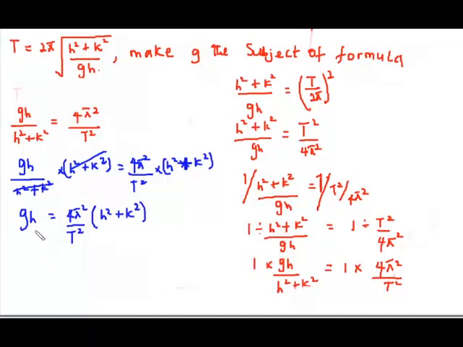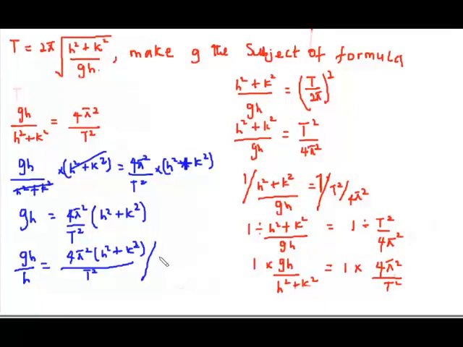Okay, so you have g and h multiplying themselves. So to remove h from g, you ultimately have to divide both sides by h. So we have gh over h equals 4 pi squared, h squared plus k squared, over T squared, divided by h.